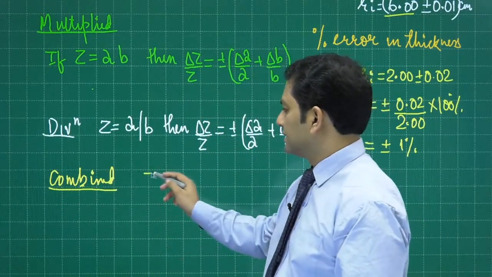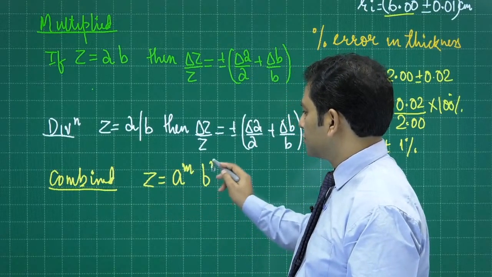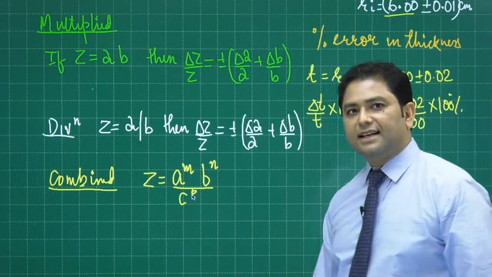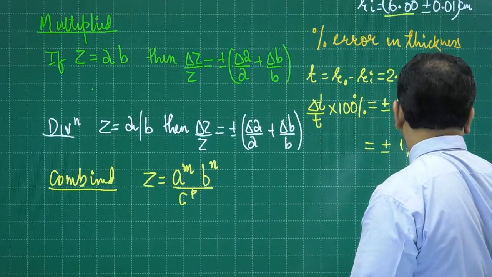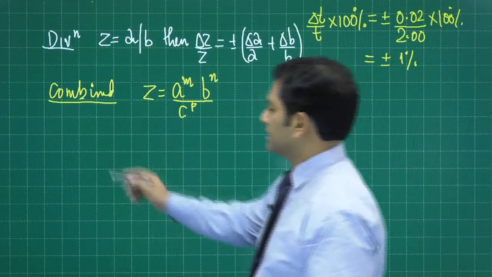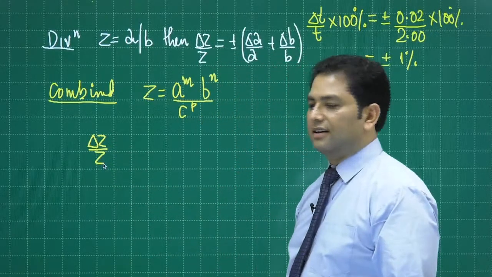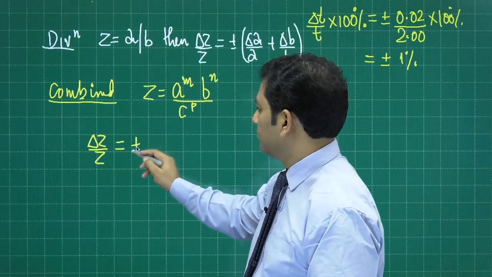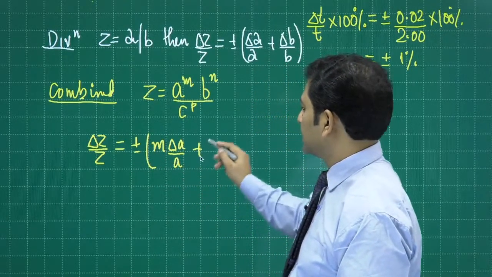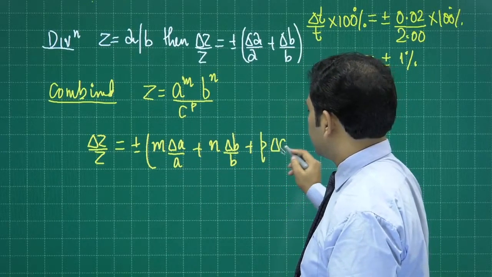For example, Z equals A raised to the power M, B raised to the power N by C raised to the power P. Delta Z by Z will be equal to plus minus M delta A by A plus N delta B by B plus P delta C by C.